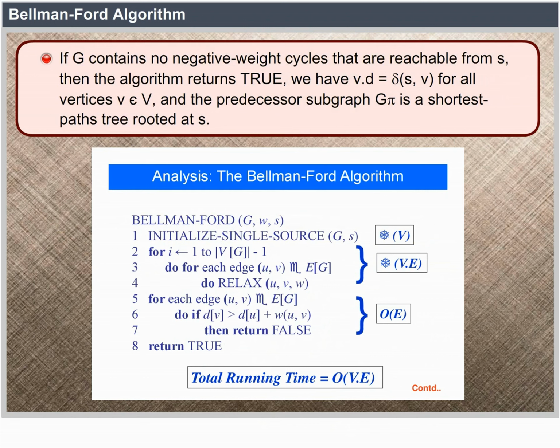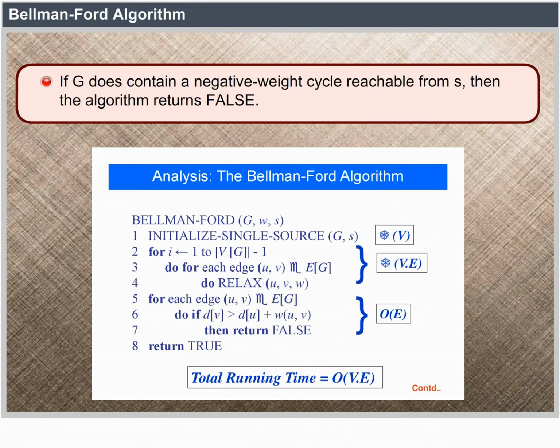We have v.d = δ(s, v) for all vertices v belonging to V, and the predecessor subgraph Gπ is a shortest path tree rooted at s. If G does contain a negative weight cycle reachable from s, then the algorithm returns false.